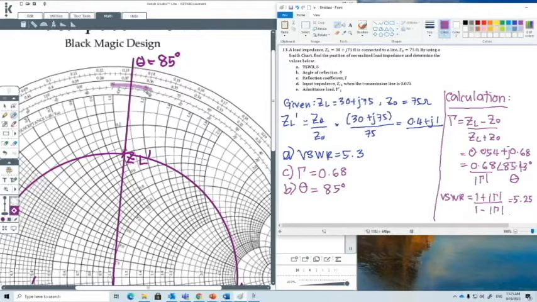Okay, this one is for angle of reflection. Okay, next soalan is to find input impedance Z in when the transmission line is 0.07 lambda.